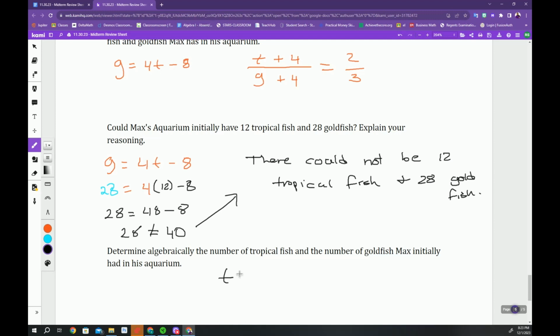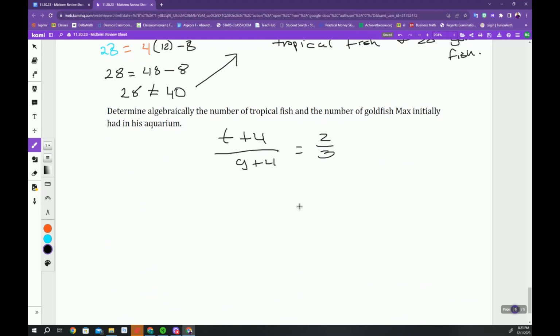If I have T plus 4 over G plus 4 equals 2/3, because I have two fractions that are equal to each other, what we can actually do here is cross multiply. So we're going to multiply 3 times T plus 4, and we're also going to multiply 2 times G plus 4.